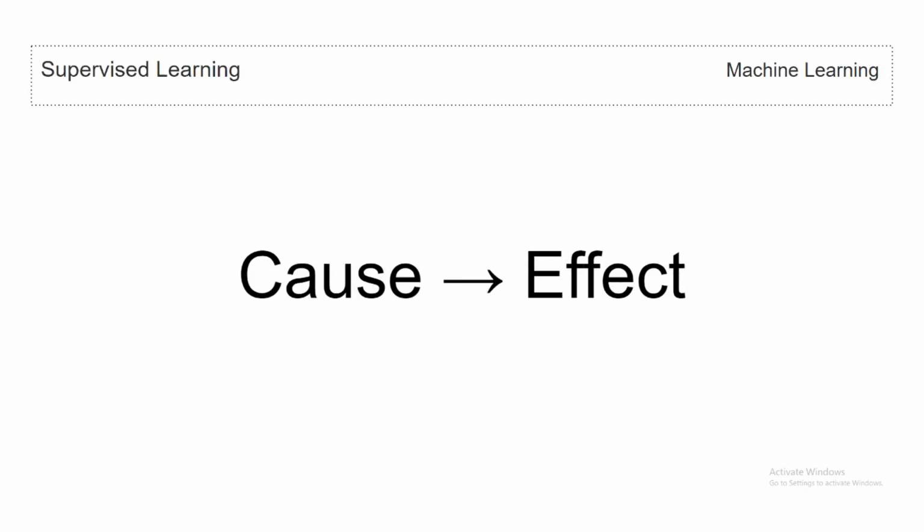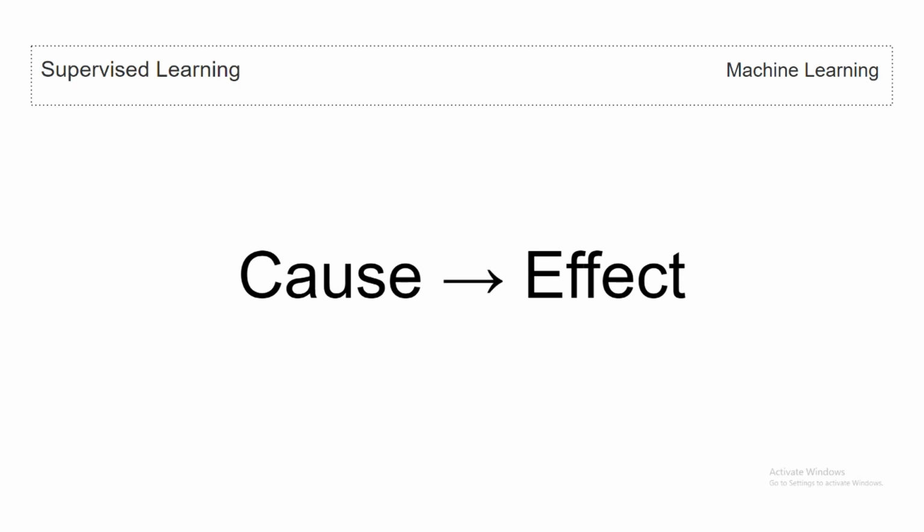So over here, you could think of supervised learning as cause and effect, otherwise known as an independent and dependent variable. I know some of you have probably heard of those terms at school, but the cause is basically the independent variable, and the effect is the dependent variable.